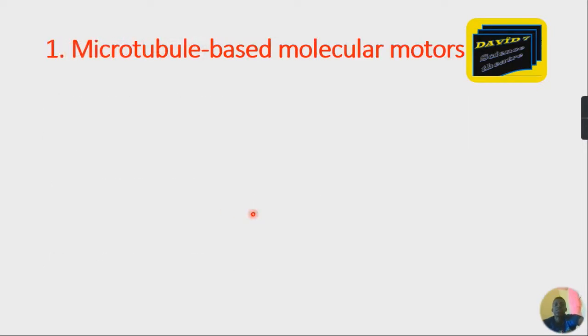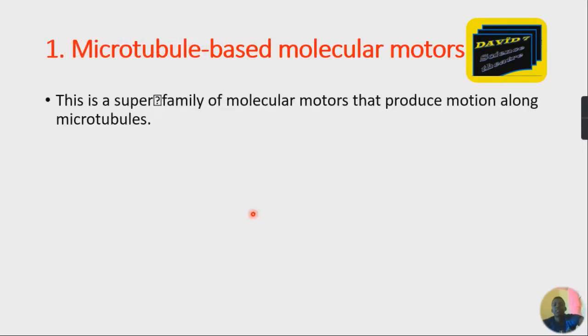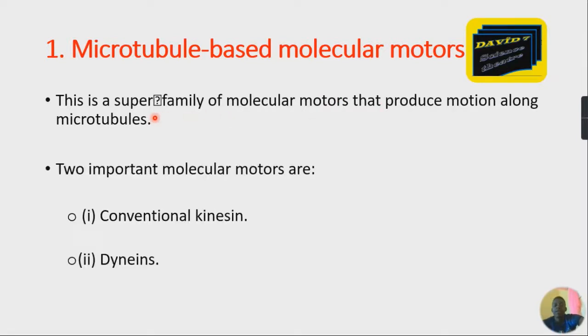If we start with microtubule-based molecular motors, this is a superfamily of molecular motors that produce motion along microtubules. And the two important molecular motors we know are conventional kinesin and dynein. These are causing motion along microtubules, okay?